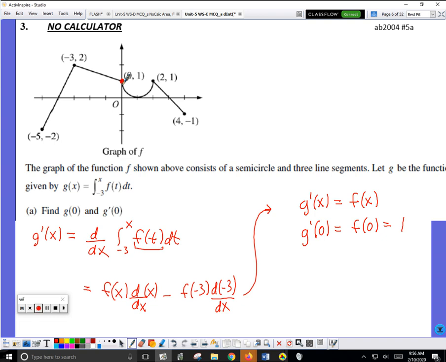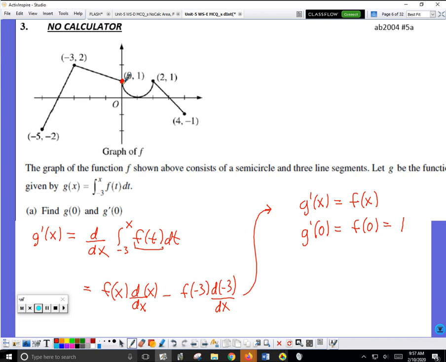Gotcha. Good. So we're using this. You've got d over dx of the integral from -3 to x of f of t.